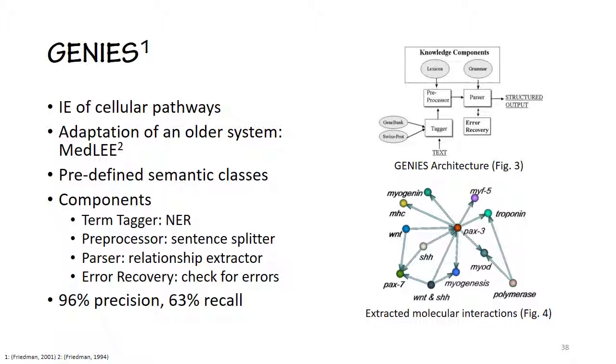Genies was done by Friedman. And that's information extraction in cellular pathways. So we already have that definition for pathways, like knowing that a path is metabolic or knowing that a path is anabolic.